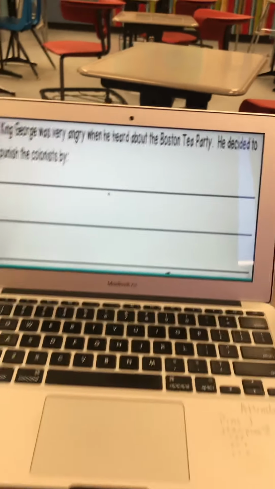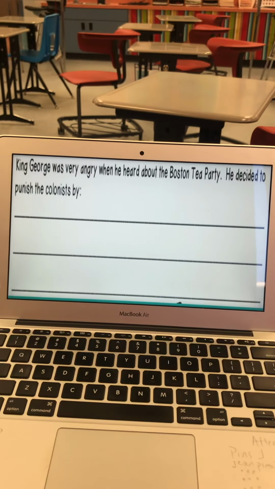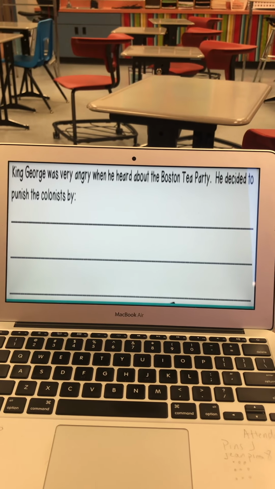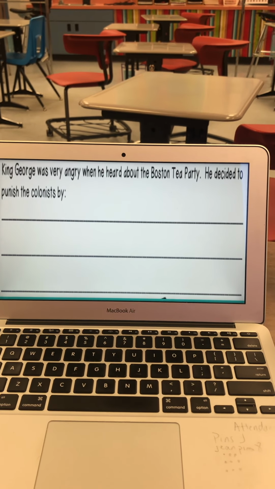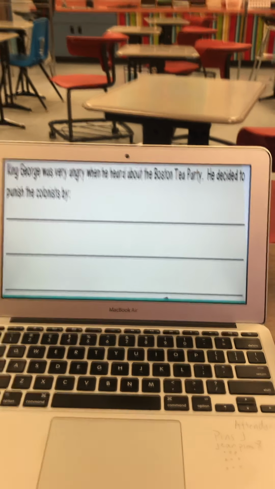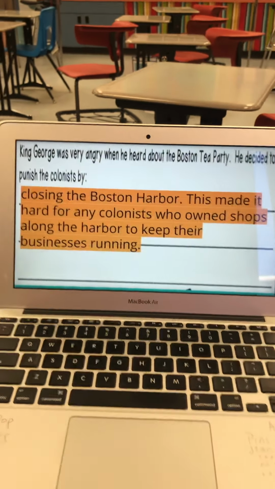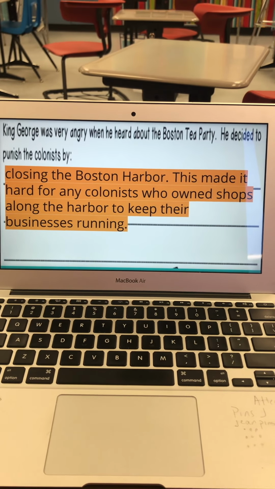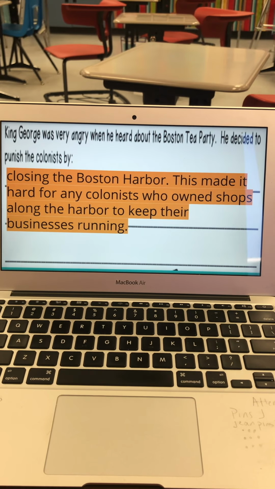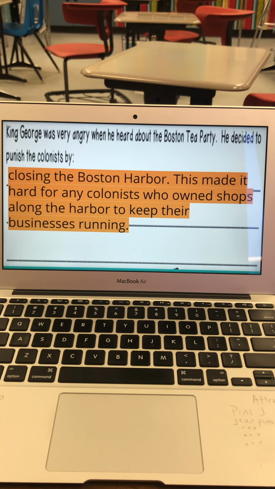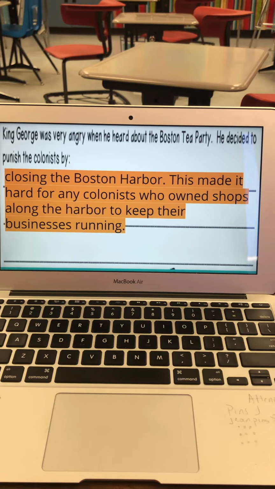Page 15 is about King George, who was very angry when he heard about the Boston Tea Party. He decided to punish the colonists by closing the Boston harbor. This made it hard for any colonists who owned shops along the harbor to keep their businesses running.